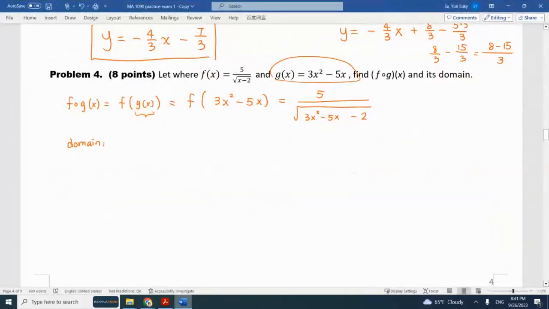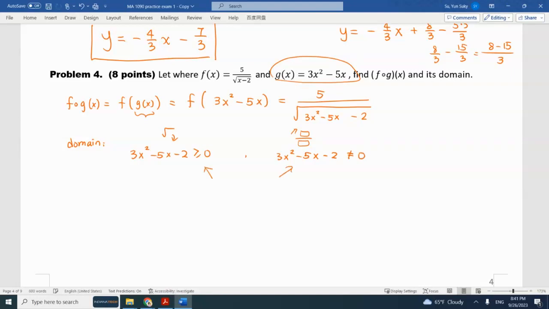Okay, that's why here we see square roots, so we need the things inside the square root to be greater or equal to 0. This is because of the square root. And because this guy is also in the denominator, we need the things inside the denominator not equal to 0.